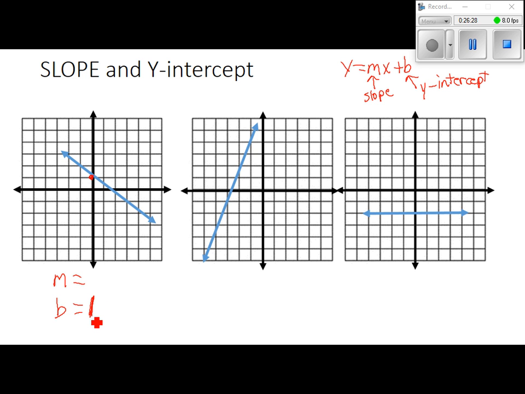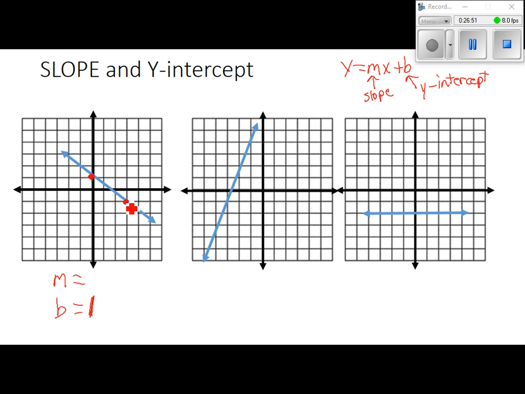How are we going to find the slope? Pick 2 points. So maybe I pick this point, but that one's not on the line. My line's a little off, it got moved a little bit somehow. So how do I do it?